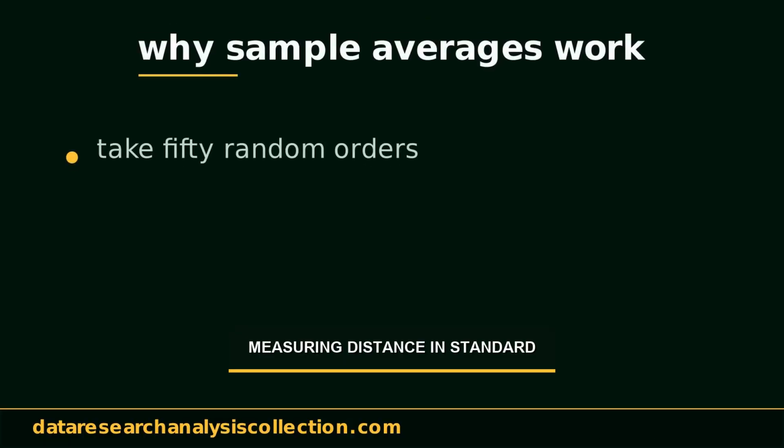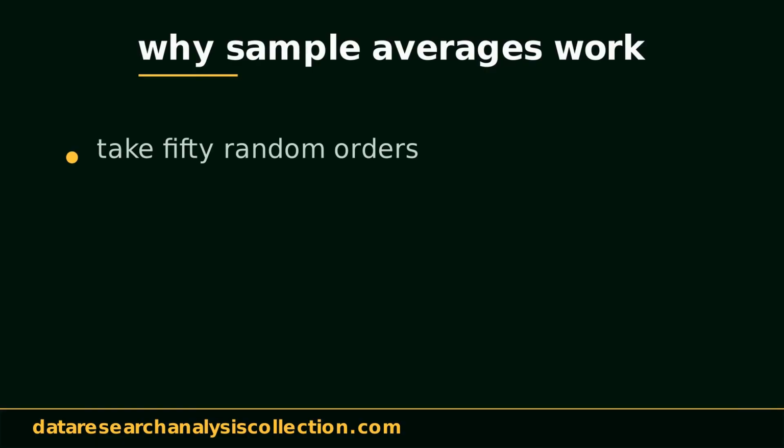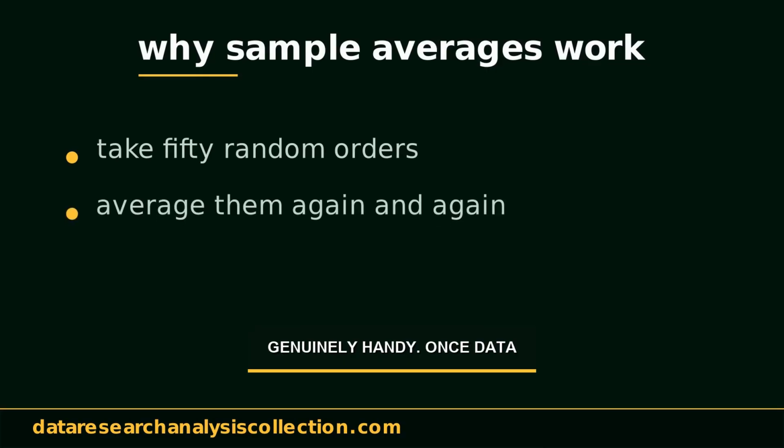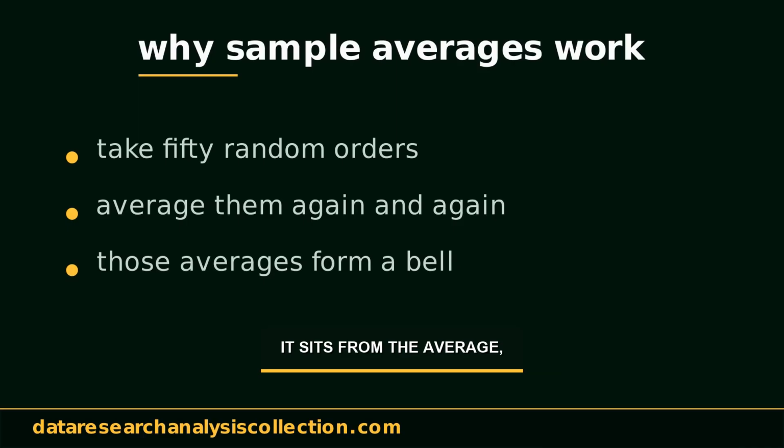Measuring distance in standard deviations: one more idea rides on the bell, and it is genuinely handy. Once data really is normal, you can describe any single value purely by how many standard deviations it sits from the average, a number sometimes called a standard score.